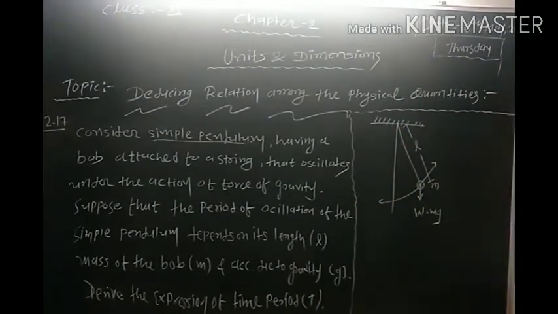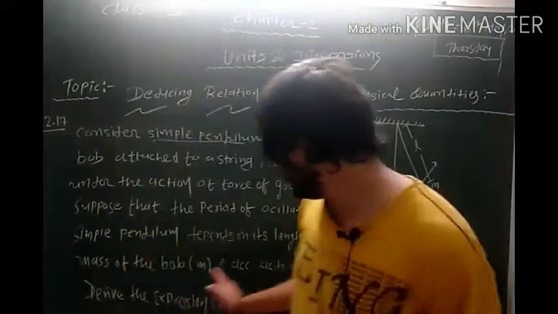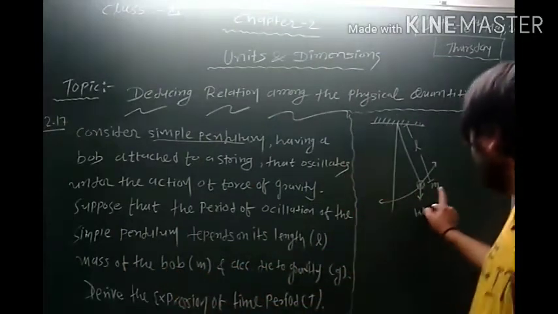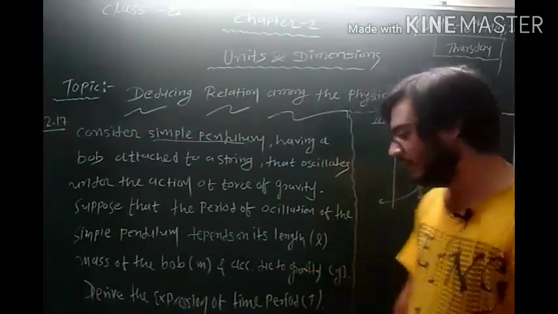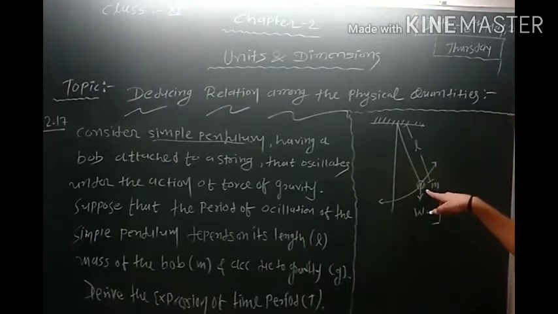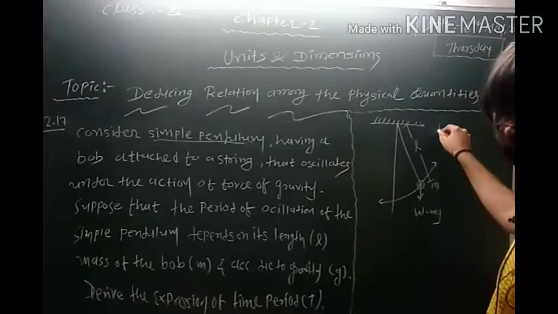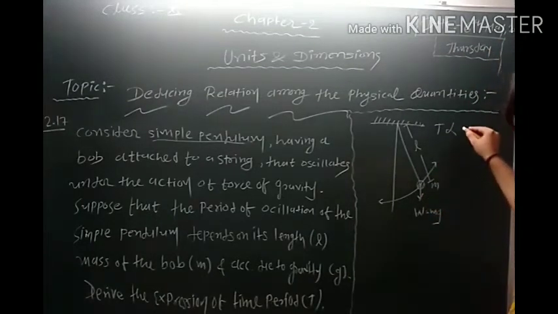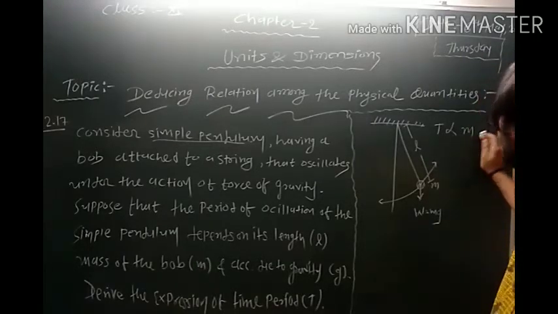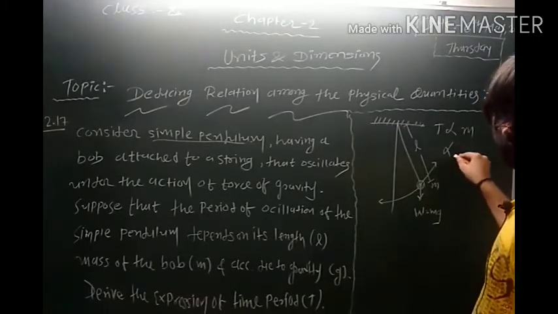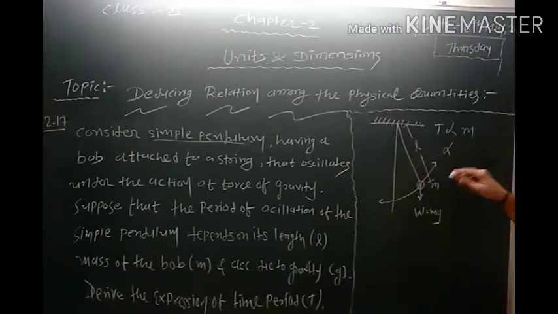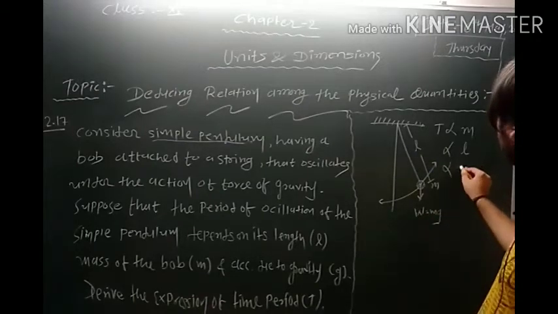So now here the simple pendulum's oscillations depend on its length, the mass of the bob, and the acceleration due to gravity. So the time period of the simple pendulum depends on the mass of the bob, that is small m, the length of the pendulum, that is l, and the acceleration due to gravity, that is small g.